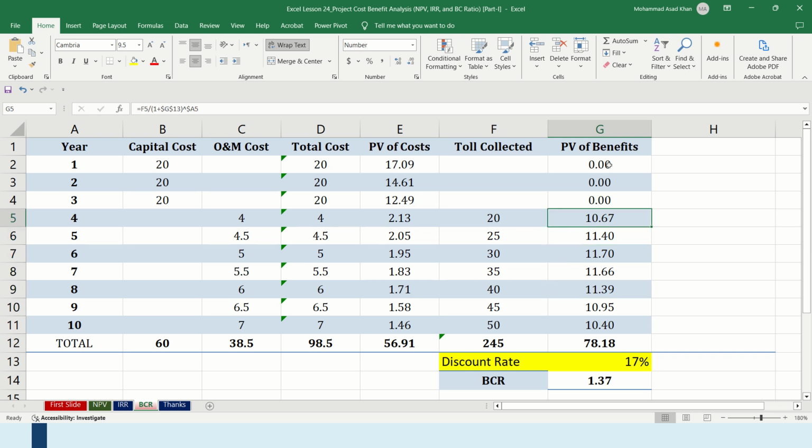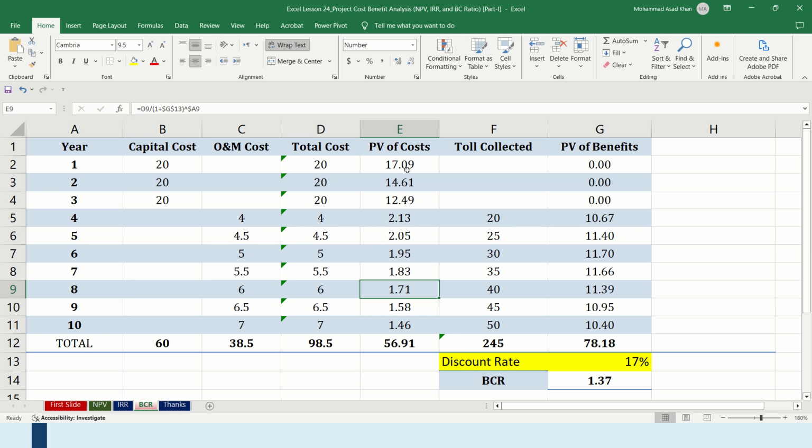Till here we have simply applied the net present value function, and on top of it, what we have done is G2 divided by E2. G2, net present value of benefits, 78.18, divided by what? E2, the PV of cost. The PV of benefits divided by the PV of cost.